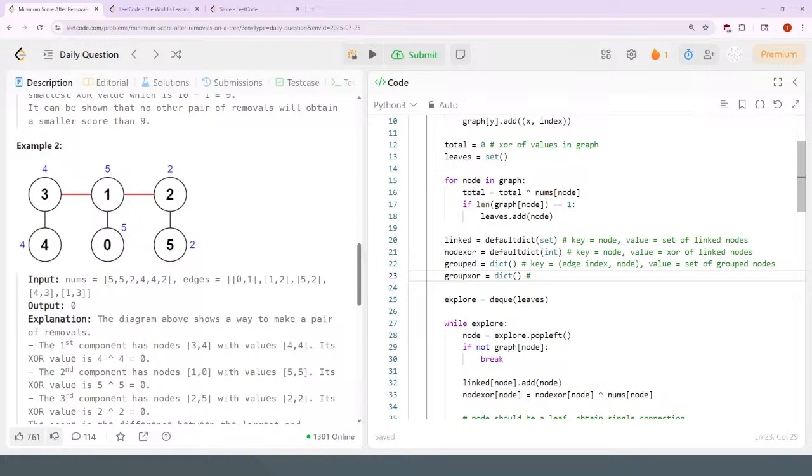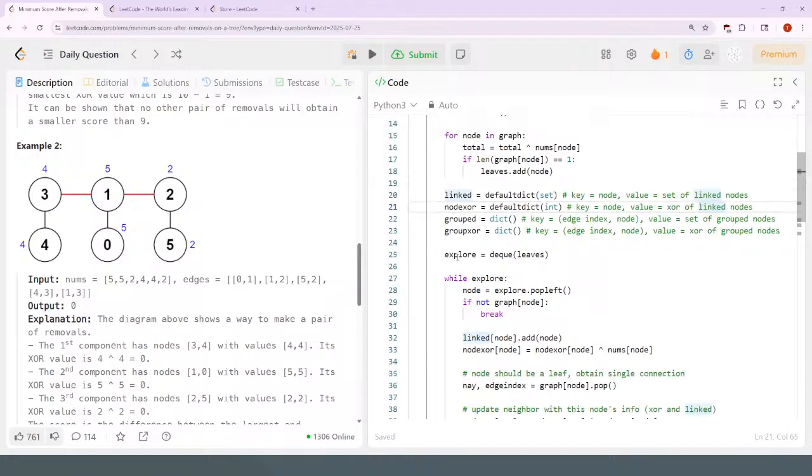And then group XOR is going to be, the key is the edge index and the node as well, and the value is going to be the XOR of grouped nodes. Yeah, I guess I did need the edge index. And these look similar, but they do differ in how much you've explored of the graph.